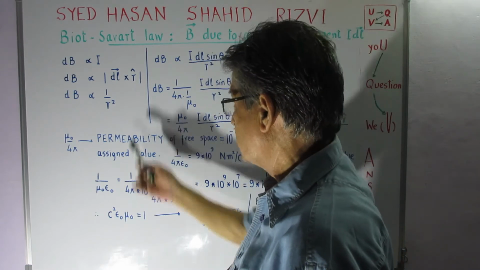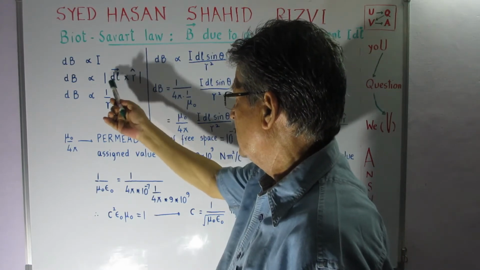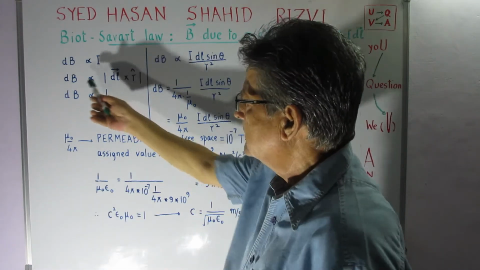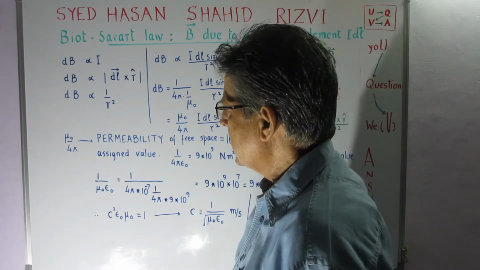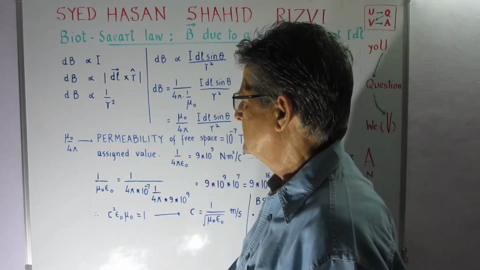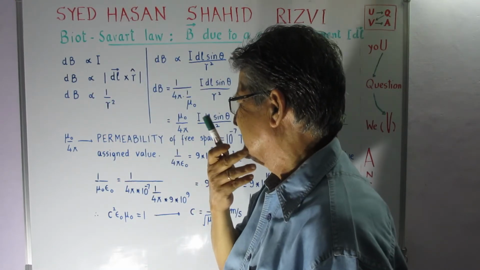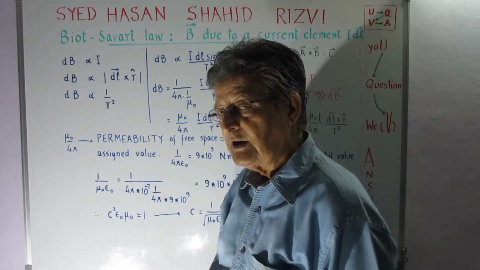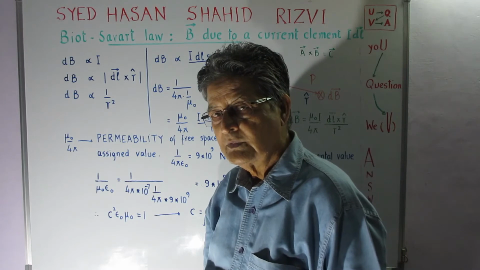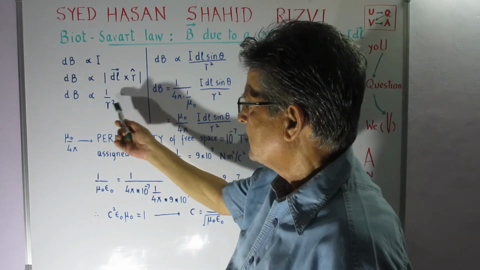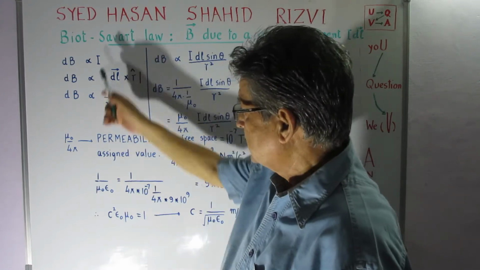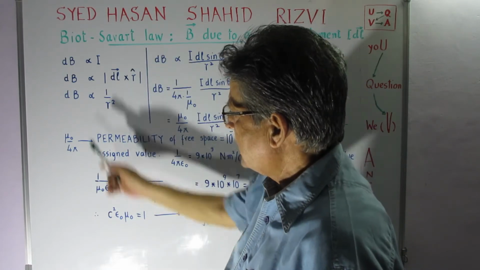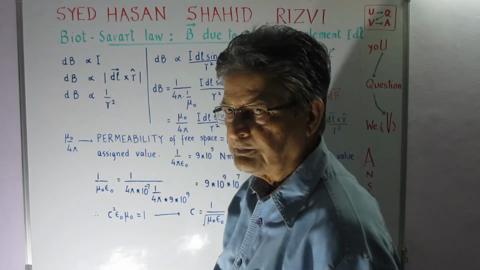R cap of course is unity, so it is dl, so if we take a larger element, then the dB will be more. If the element length is smaller, then the dB will be less. And the third thing is the beautiful inverse square law, that dB is proportional to 1 upon r square. So these three kinds of variables are there, and dB is proportional to all of them.